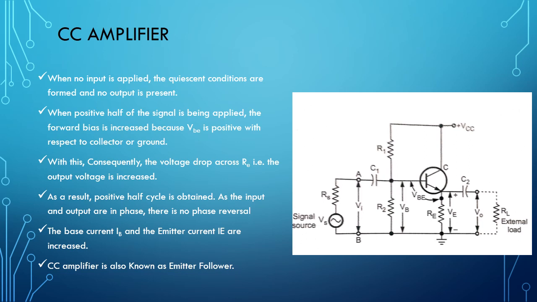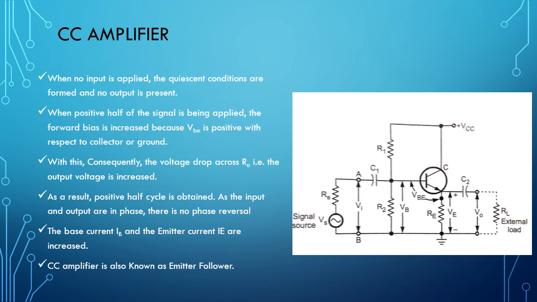The load resistance is capacitor coupled to the emitter terminal of the transistor, because in the common collector amplifier, the common terminal is the collector terminal, the input terminal is the base and the output terminal is the emitter. When the input signal is applied via C1 to the base of the transistor, the base voltage VB is increased and decreased as the signal goes positive and negative. That means the collector current increases for the positive cycle and decreases for the negative cycle.